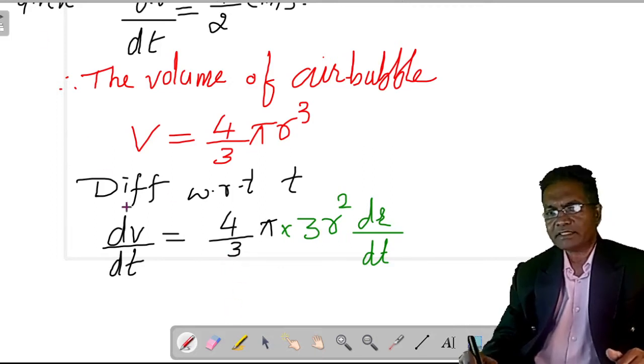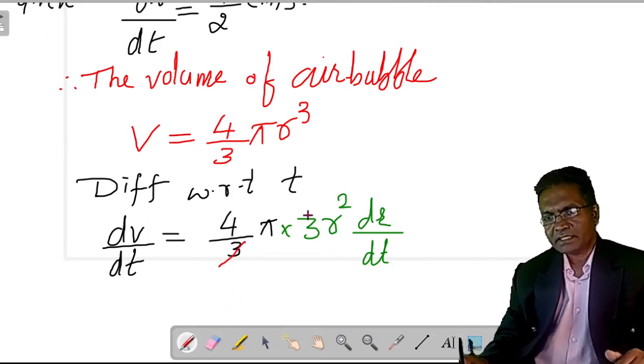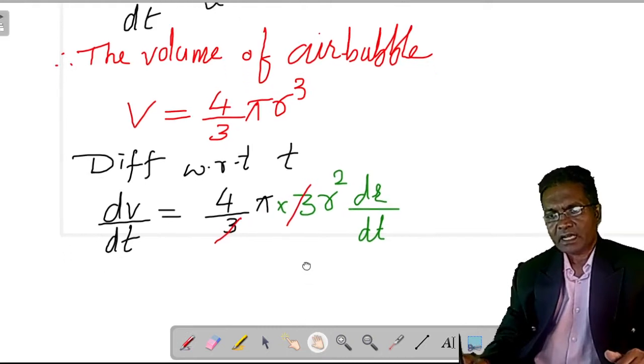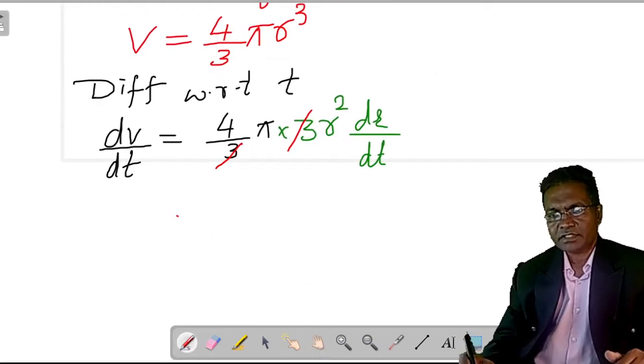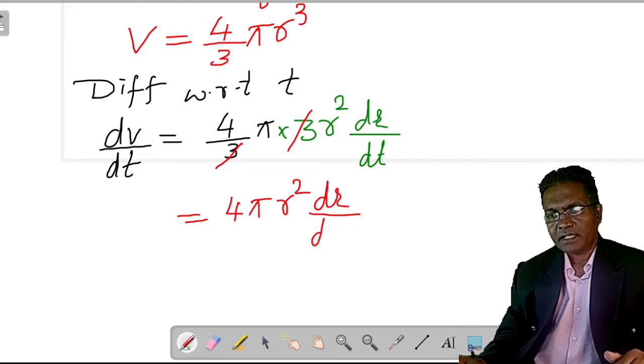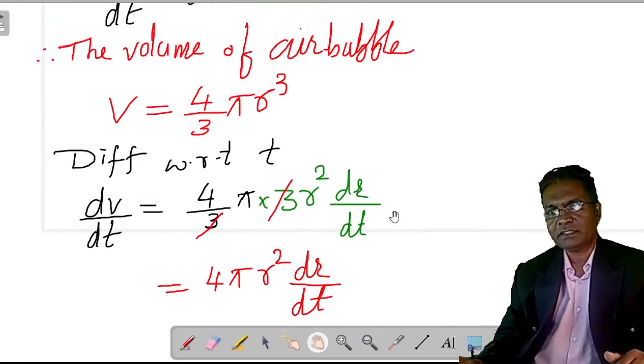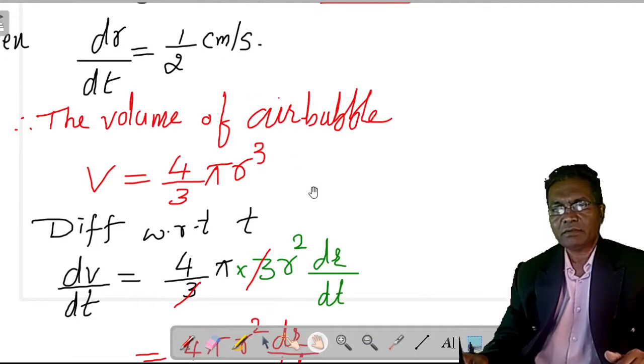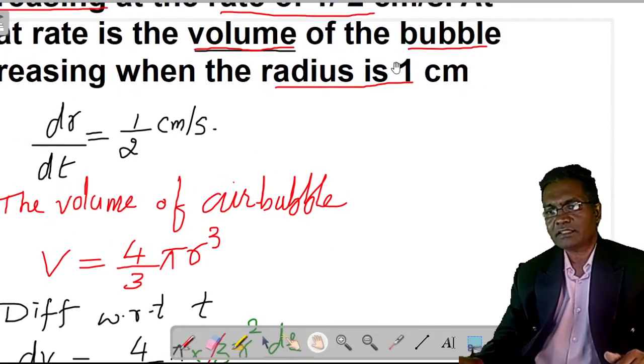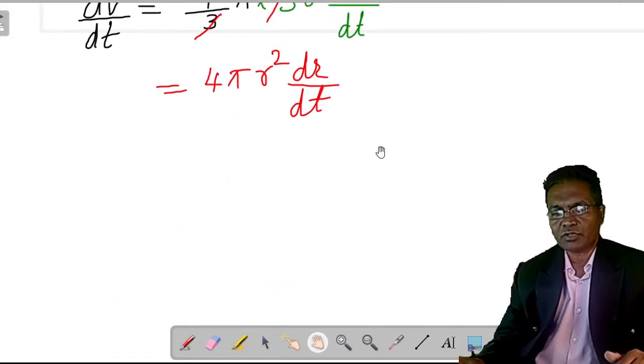Now you can cancel this 3 and you are left with 4 pi r square dr by dt. You are given dr by dt as 1 by 2, and you are asked dv by dt at r equal to 1.